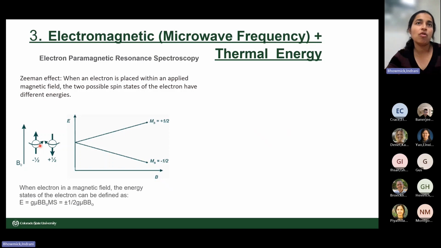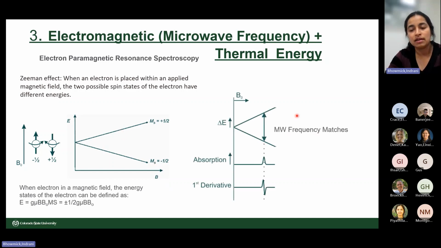So in the electromagnet, you have a direction, right? In the north and south pole. So you are creating that directionality in the magnetic field as well. And when you increase that field, some electrons will align, some will not align. And then at one point, this microwave frequency will resonate with this energy at a particular field.